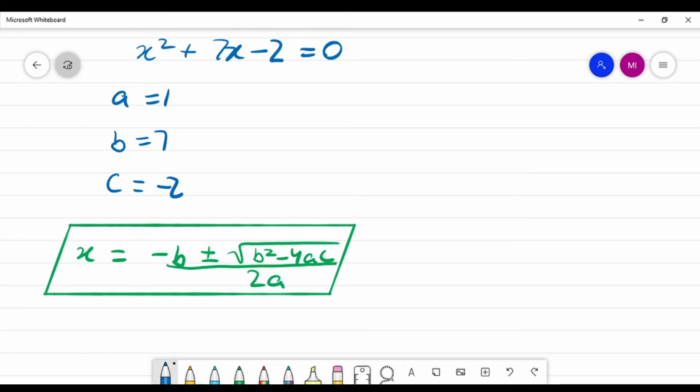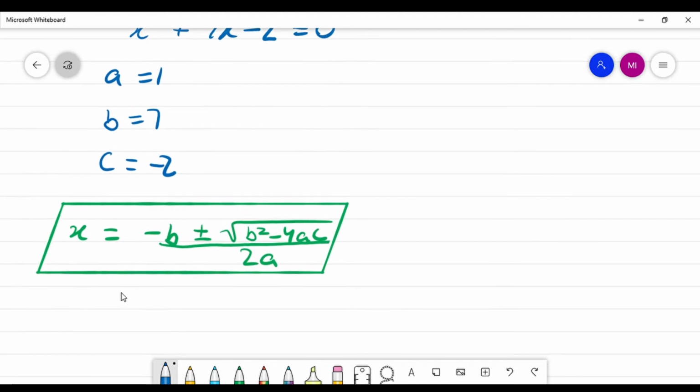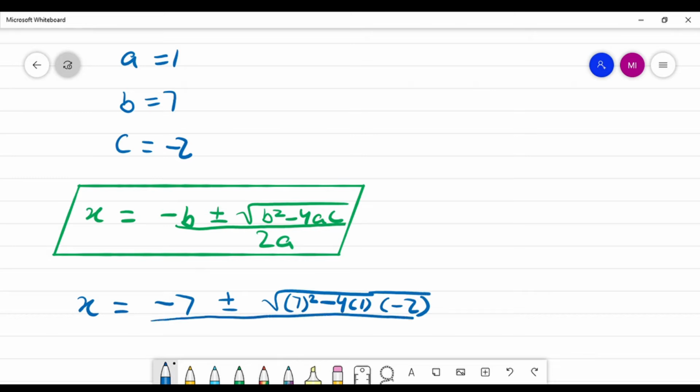Okay, so we're going to put our values into this formula. So let's do just that. x is equal to negative 7 plus minus under root of 7 squared minus 4 into a is 1 and c is negative 2, divided by 2 into a, which is 1.